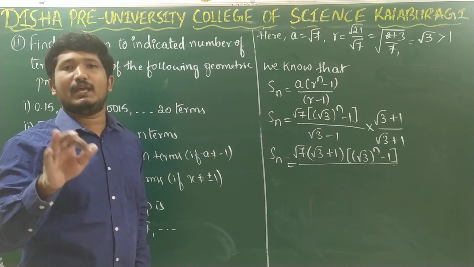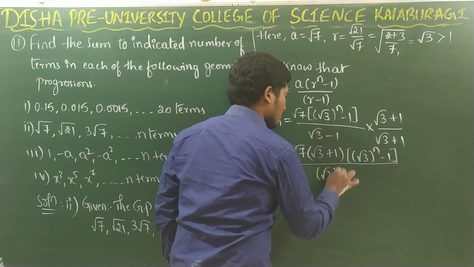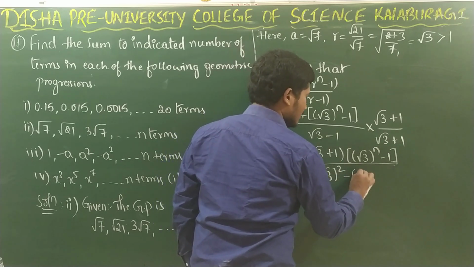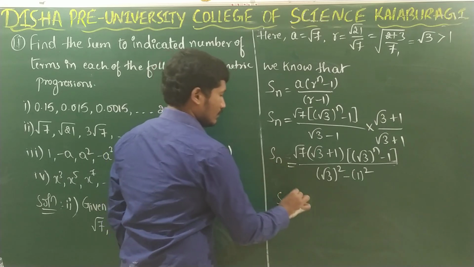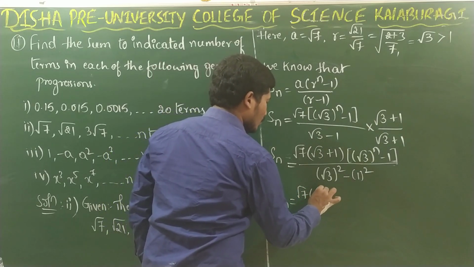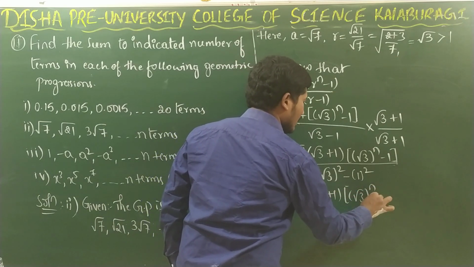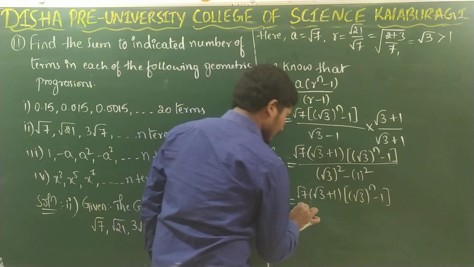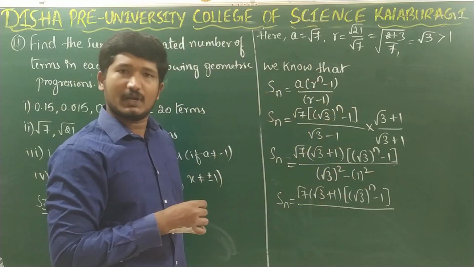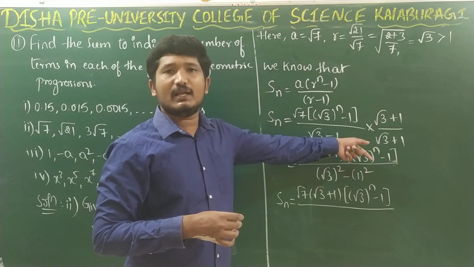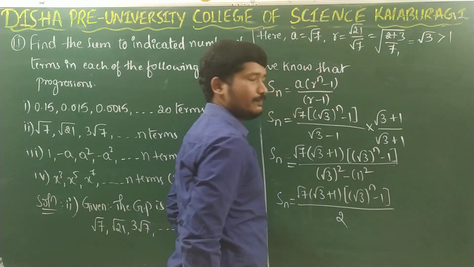It is equal to a square minus b square. So this will be root 3 whole square minus 1 square. So Sn is equal to root 7 into root 3 plus 1 into root 3 whole power n minus 1 as it is, divided by root 3 whole square, which is 3, minus 1 square, which is 1. So 3 minus 1 will be 2.